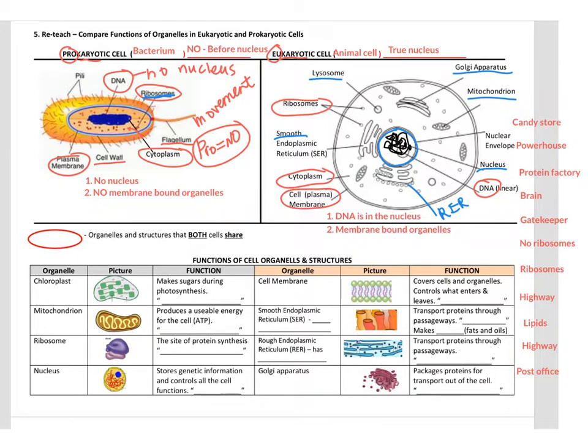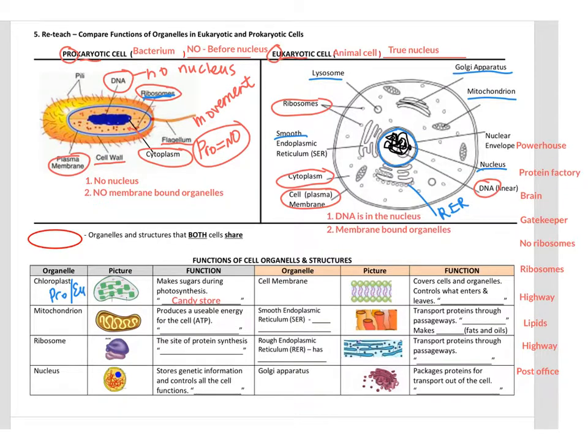Such organisms as plants and some of the protists and some of the bacteria actually have the ability to photosynthesize and make their own food. So some of the prokaryotic cells and some eukaryotic cells have that ability to make their own food during photosynthesis. And we can compare the function of the chloroplast to a candy store. And what are the candy made of? They're made up of sugar.